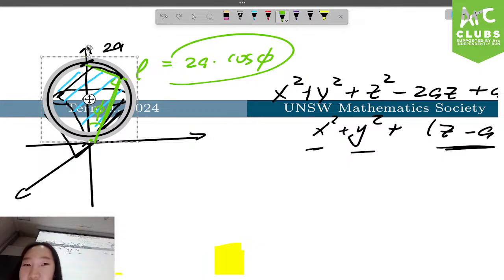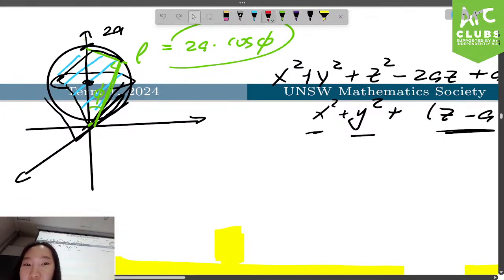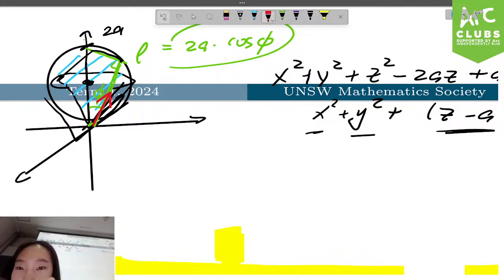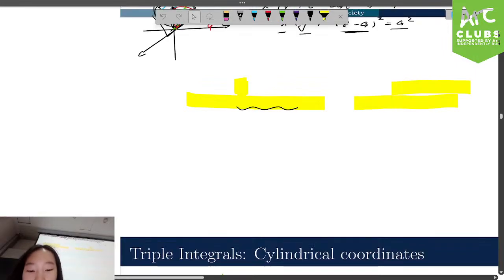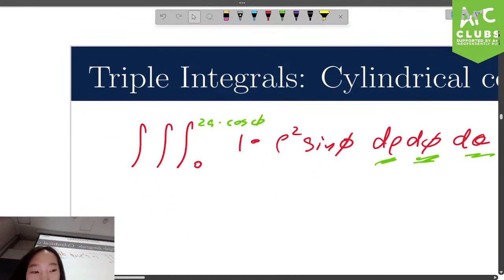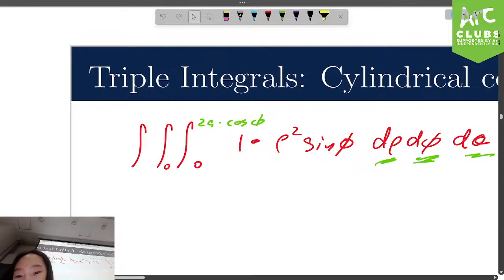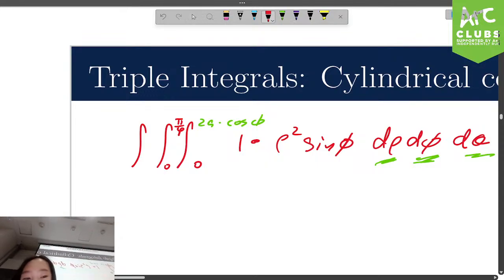Okay, hopefully it's not moving again. We have the cone over here. And this angle, because the a is over here and our radius you can see is also a, means this angle is pi over 4. All right, so our bound for phi is 0 to pi over 4.